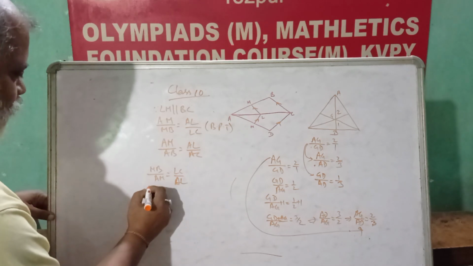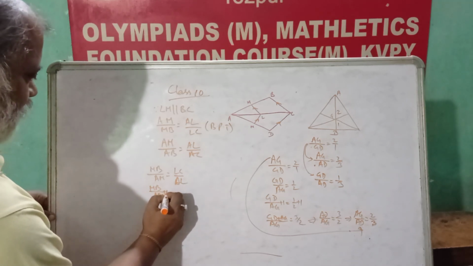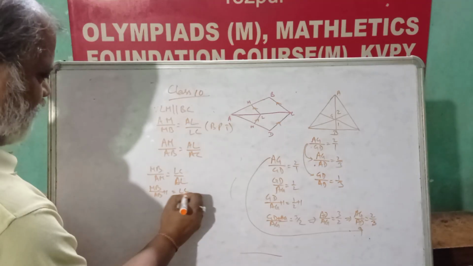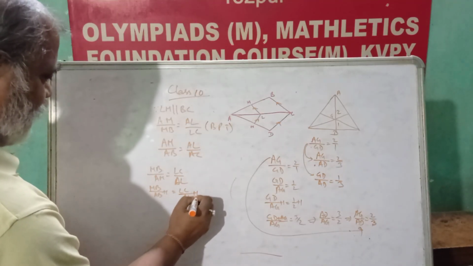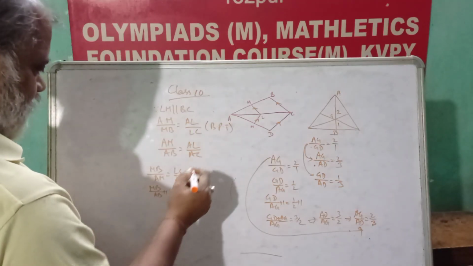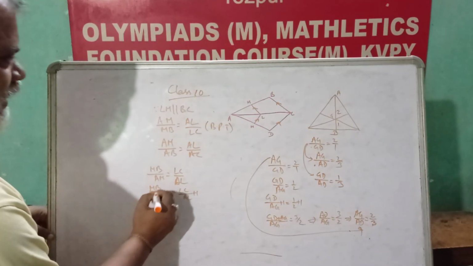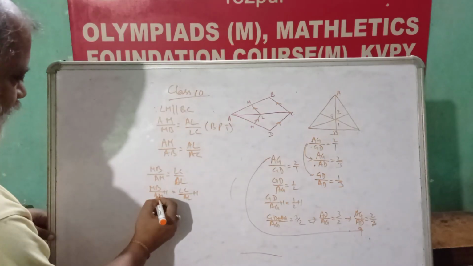Then you add one both sides, MB by AM plus 1 is LC by AL plus 1. MB plus AM will be AB.